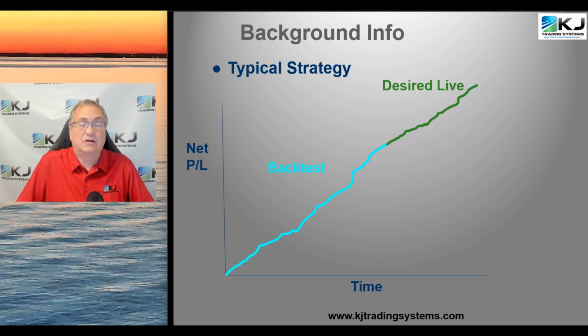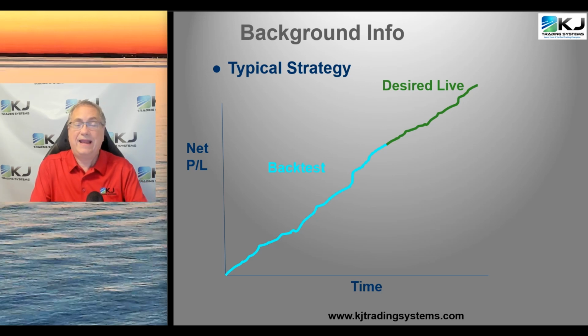And it's going to kind of look like the green line, where basically you have the same slope as the back test and you keep getting profits at the same rate. What most people don't tell you, though, is that usually that's not the case. It does happen, but when you look at enough strategies, there's usually on average a degradation.